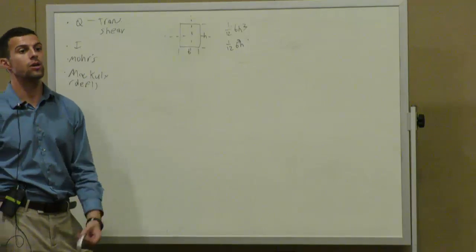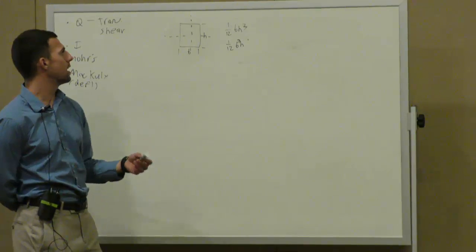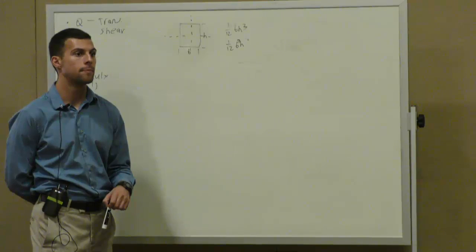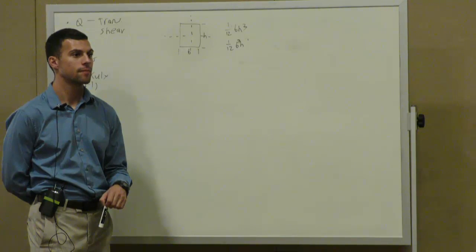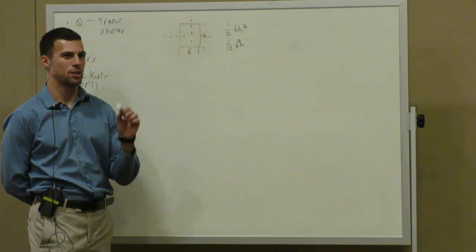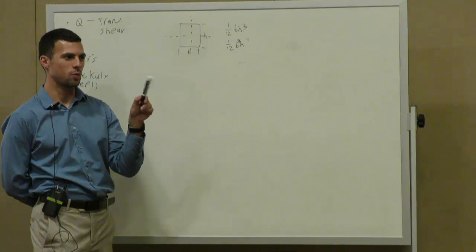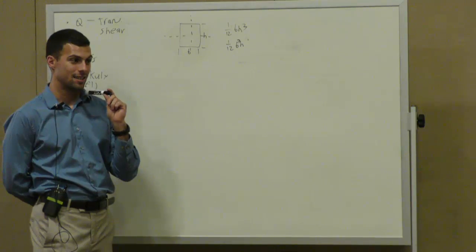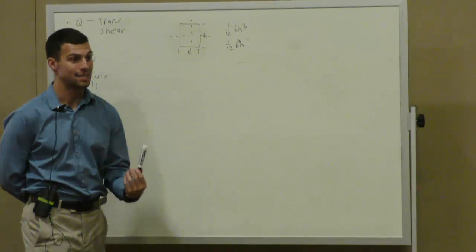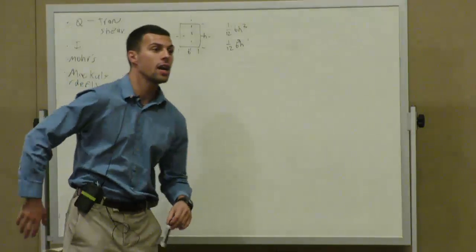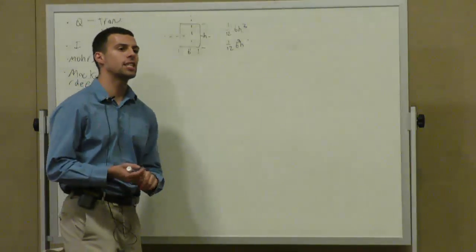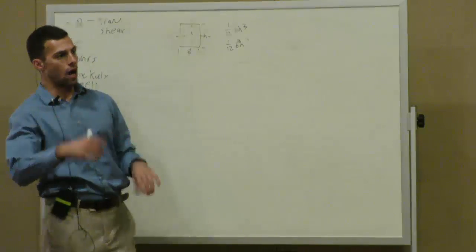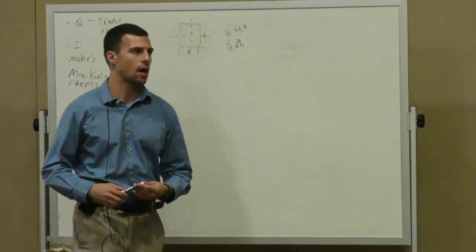Is our neutral axis always the axis that we establish the I about? I'm seeing shrugs and some silence. I saw someone mouth some answer. Yes, you are 100% correct. No matter what case you're dealing with, whether it's transverse shear or bending, it is always the neutral axis, the axis about which you're bending.